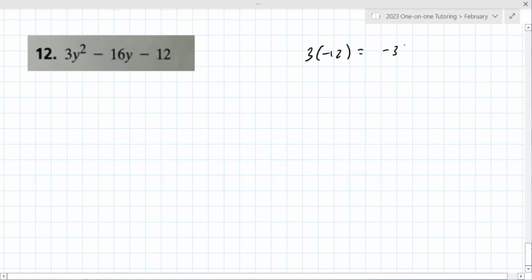You're trying to find two numbers that multiply to -36 but add up to -16. So give that a try. Let me know what you come up with.